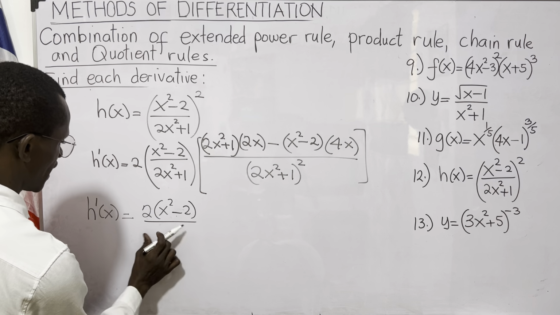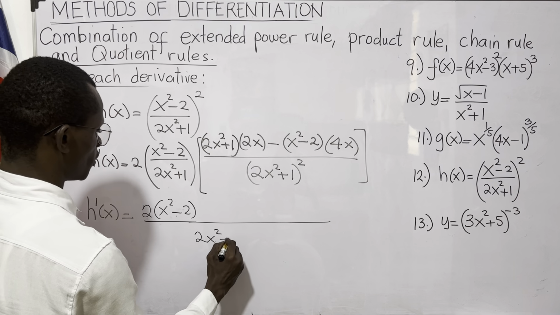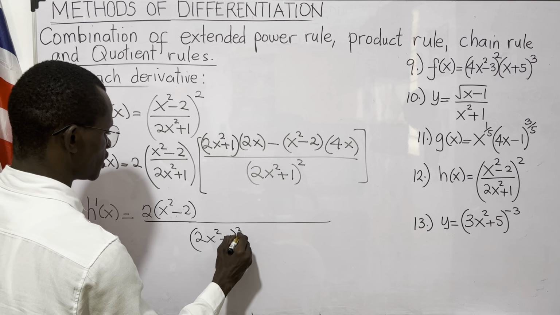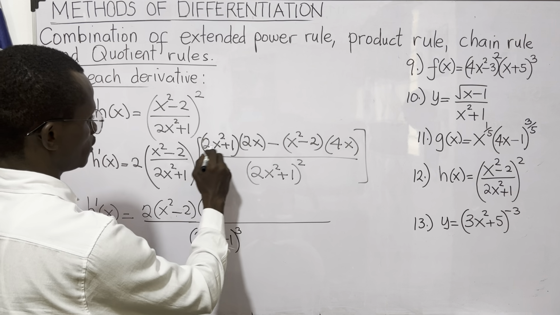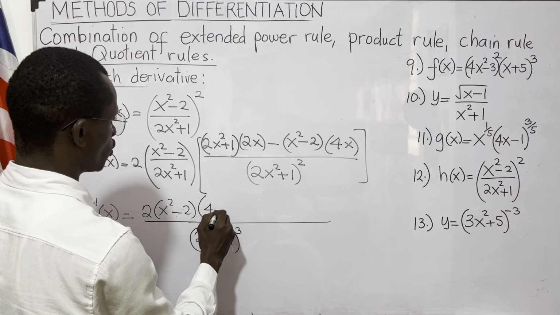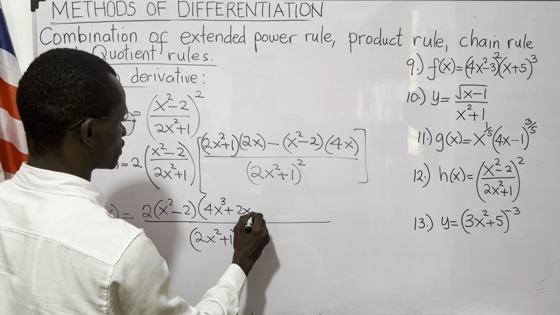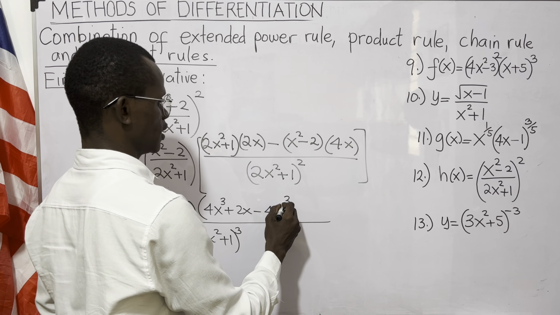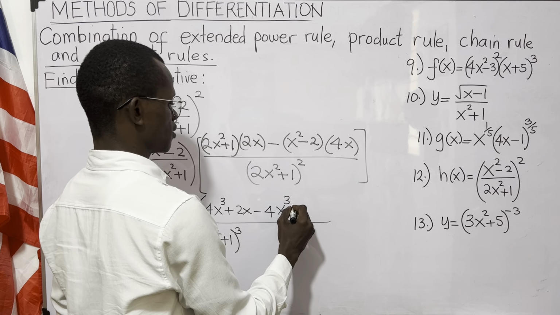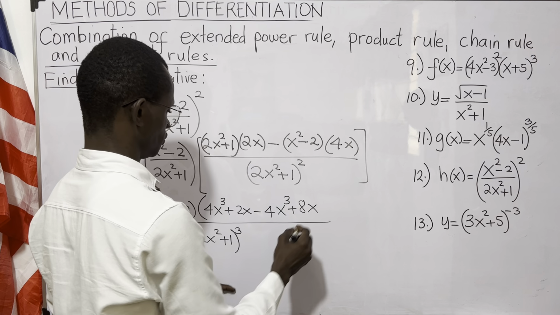So we would just have 2x squared plus 1 raised to the third power. So let's work it out and see. This 2 times 2 is 4x to the third. And then this is plus 2x minus 4x to the third. And then this is negative times negative, which is positive. This is 8x.